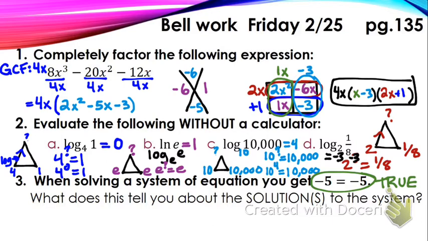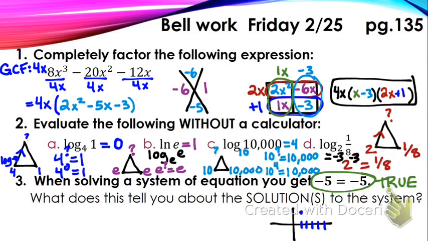Do we have lines that look different? If for any x I pick, I get the same y, what would that look like on a graph? Any point I pick would give me the same y.